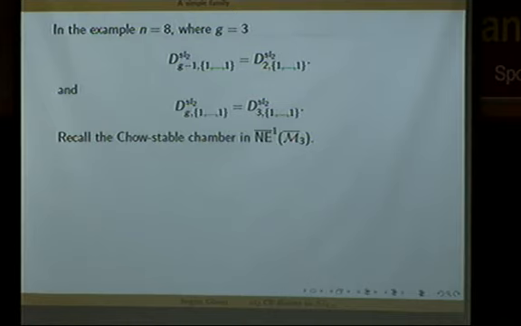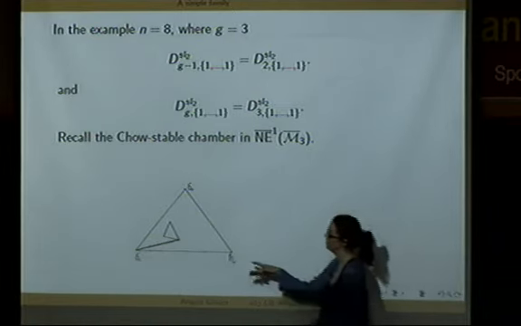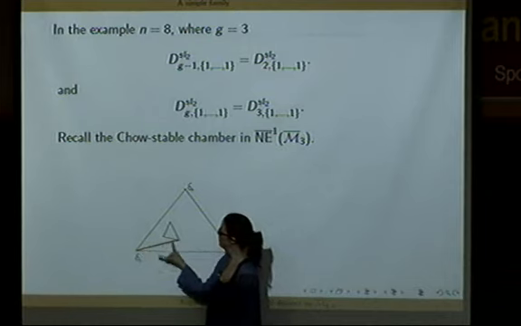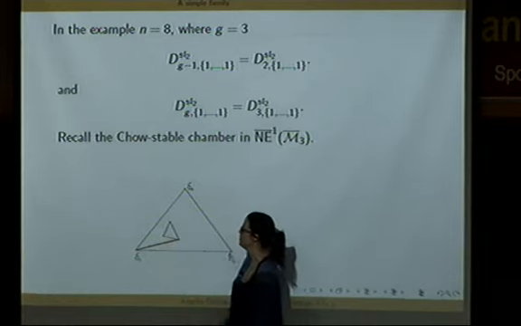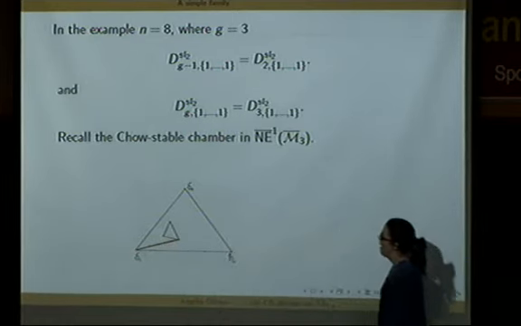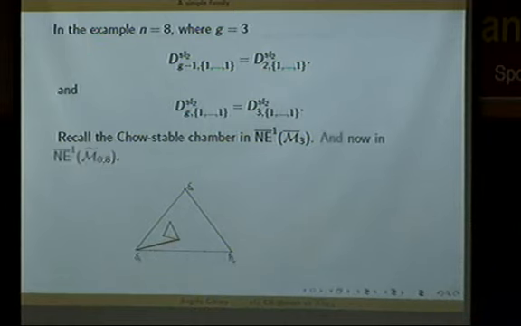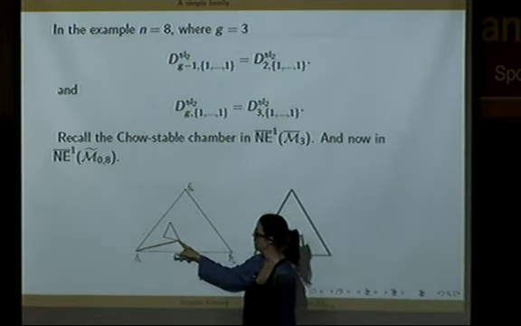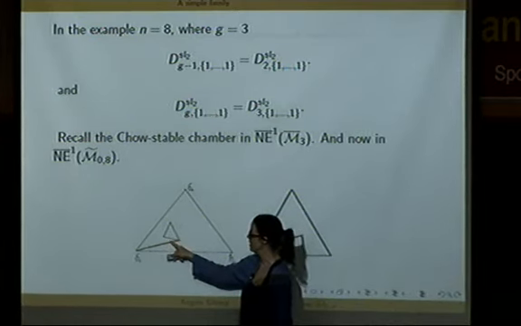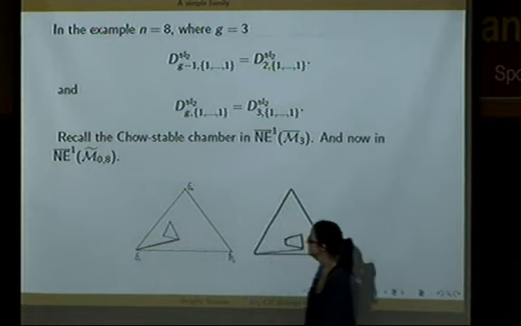Remember the Chow stable chamber of the cone. This is the chamber that corresponds to the variety which you get by first contracting elliptic tails and then elliptic bridges. You can show that this divisor on the nef cone of M3 bar defines the morphism from M3 bar, first by contracting tails and then elliptic bridges, to this variety.